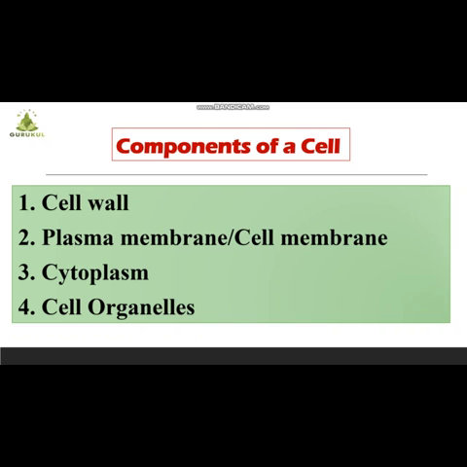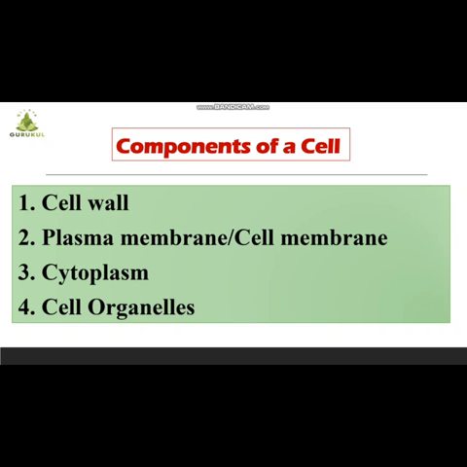Students, we are going to learn more about cells as I promised. In this chapter we are going to understand all the components of a cell and their functions in detail. In an overview of the components of the cell, if you closely observe, it is divided into 4 subparts.